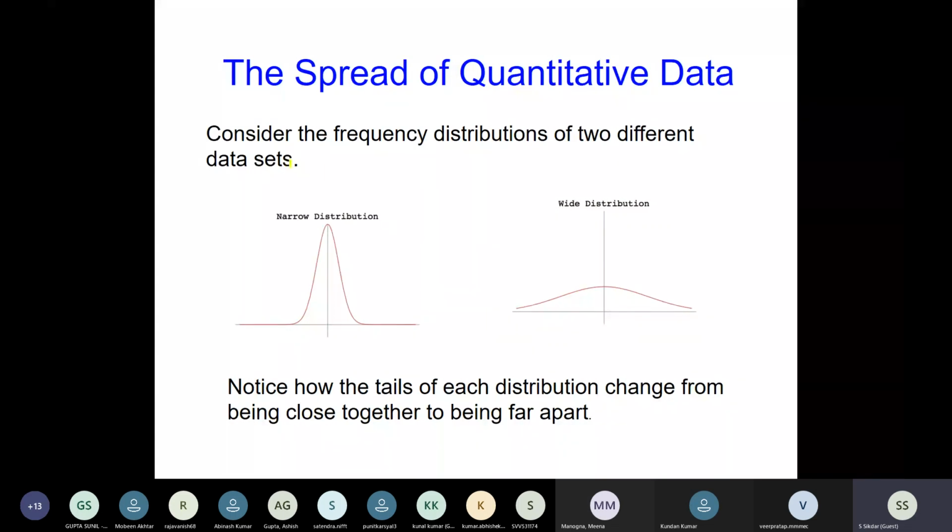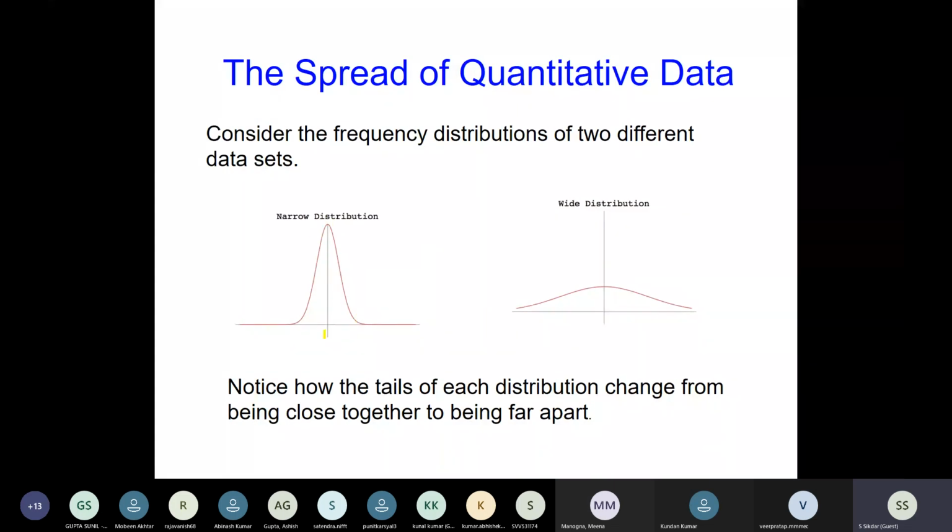If I take the frequency distribution of two data sets, the tails of each distribution change from being close together to being far apart. You see the tails here are very close, and that's why it is called narrow.